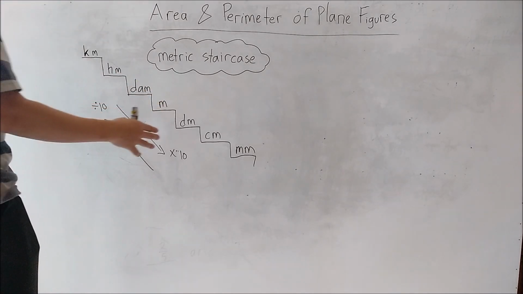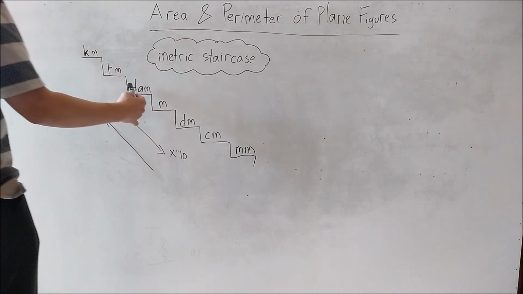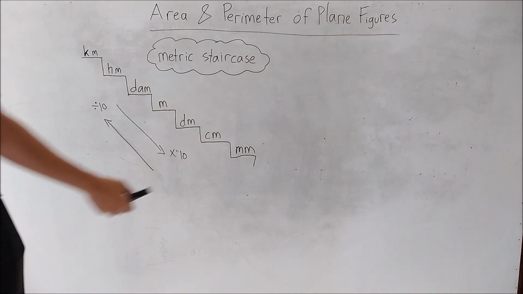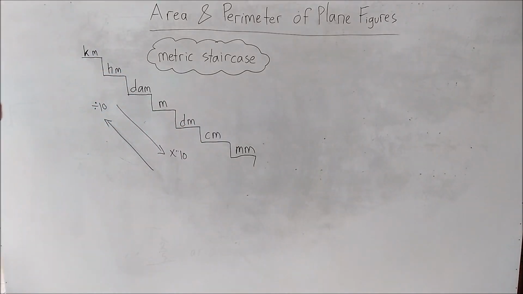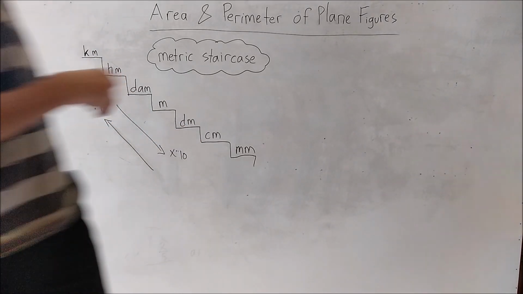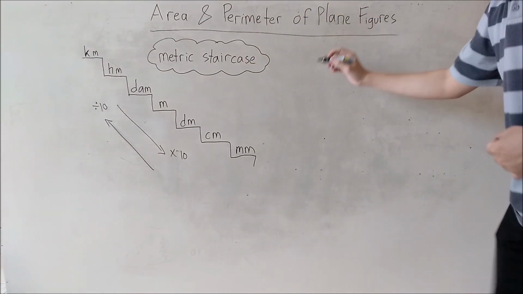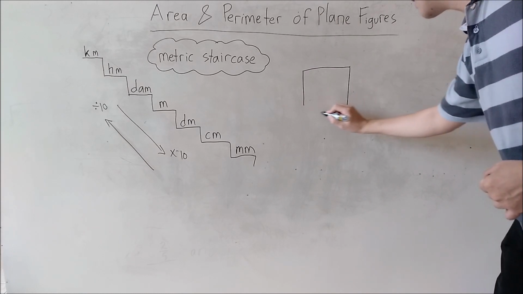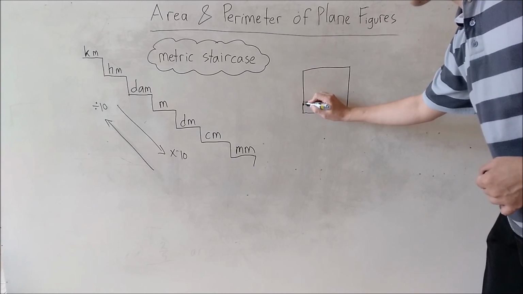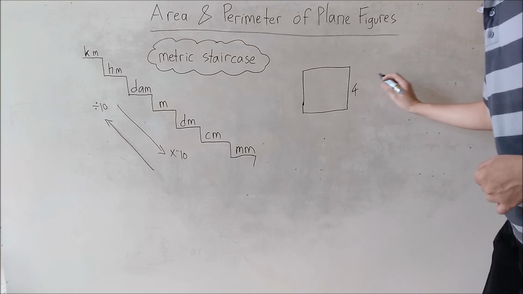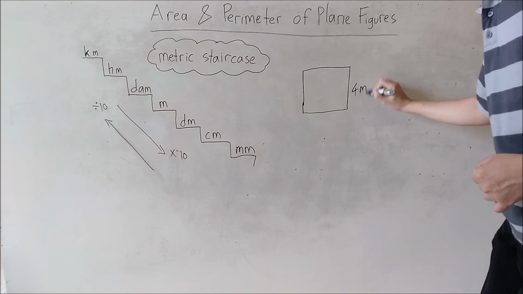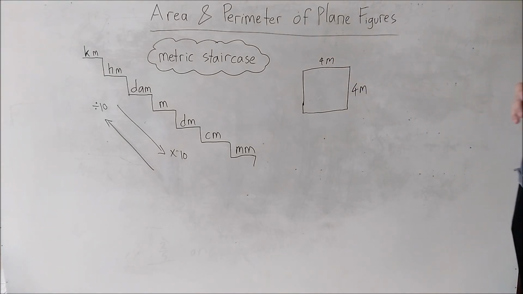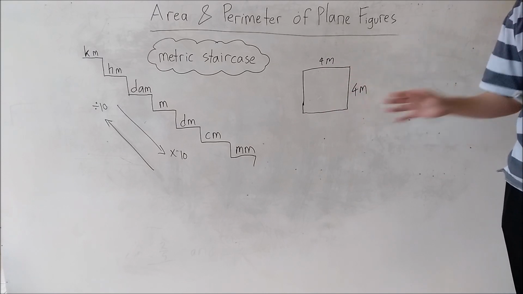We know so far that 1 stair down in this metric staircase means times 10, while 1 stair up means divided by 10. Let me show you what I mean. Let's say I have a square here with the length of the side 4 meter, and this is also 4 meter because this is a square, which means all the sides have the same length.